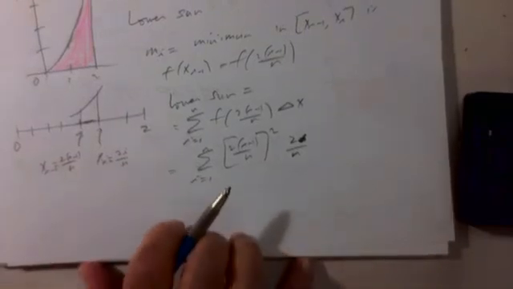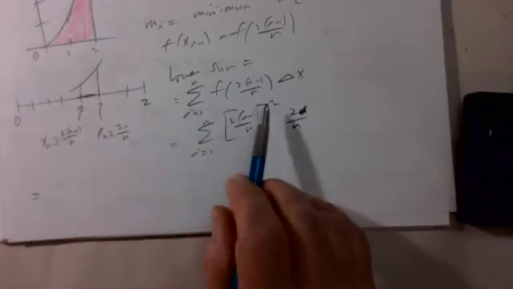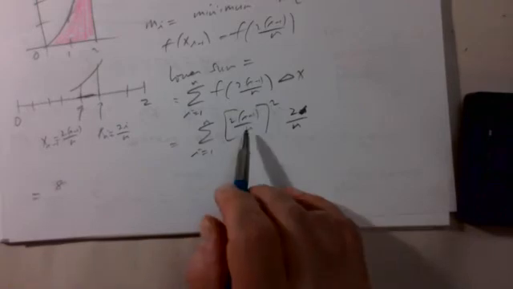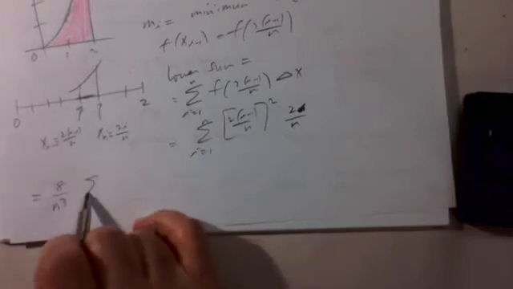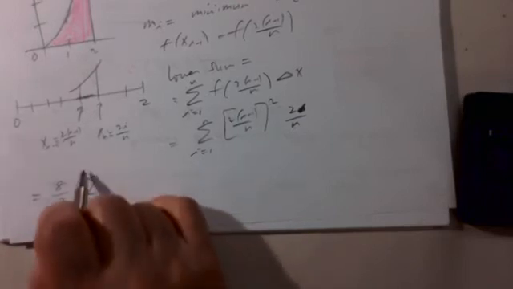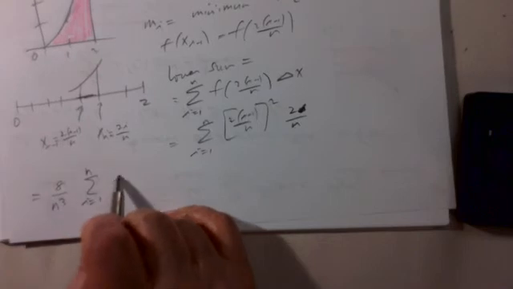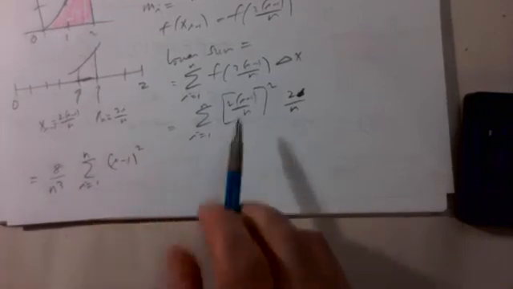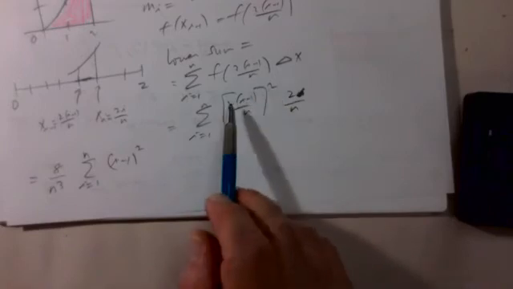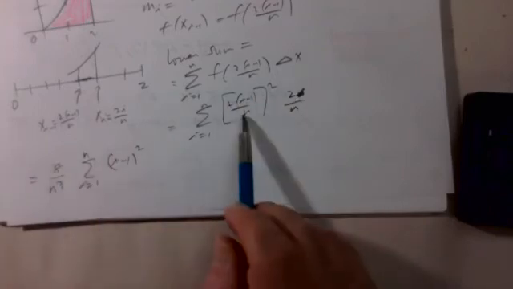Let's see. Now we have to do some algebra. So I have 2 squared times 2 is 8. I have n squared times n is n cubed. Summation, i goes from 1 up to n, (i minus 1) squared. Right? 2 squared times 2 is 8, n squared times n is n cubed.